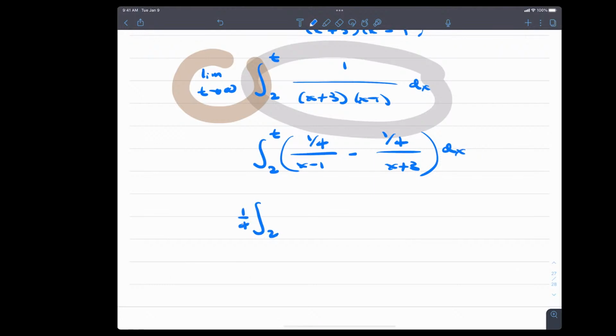So 1/4 times the integral of 1 over x minus 1 dx, minus 1/4 times the integral of 1 over x plus 3 dx, from 2 to t.